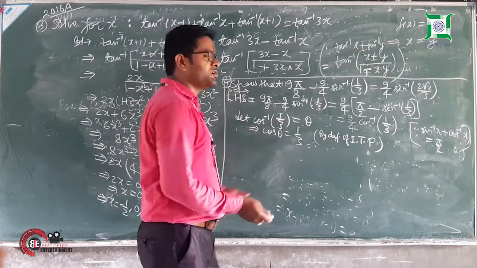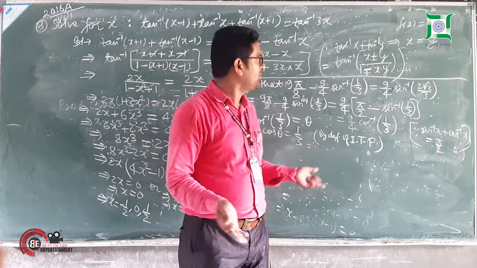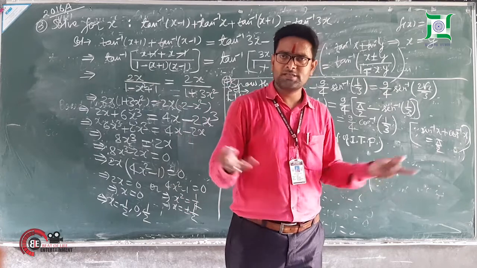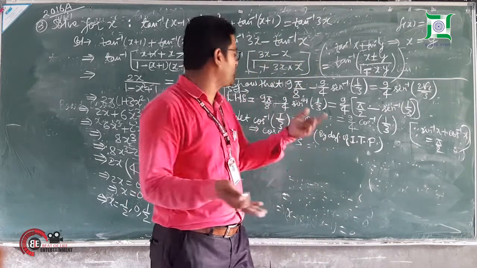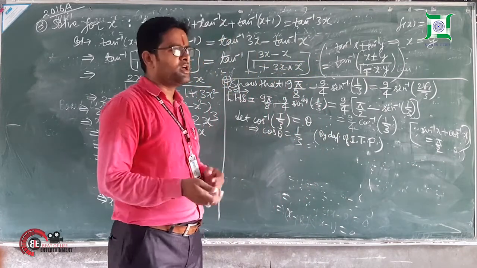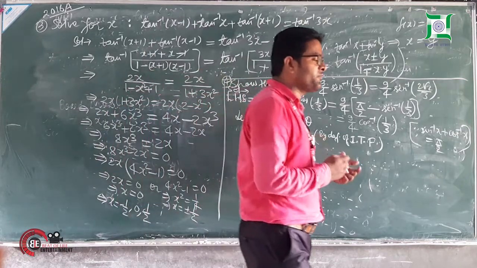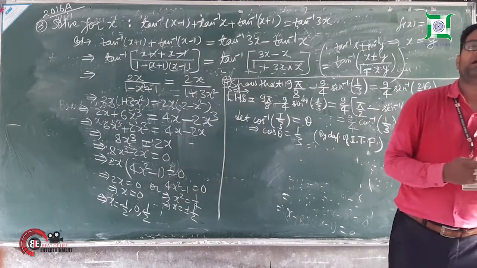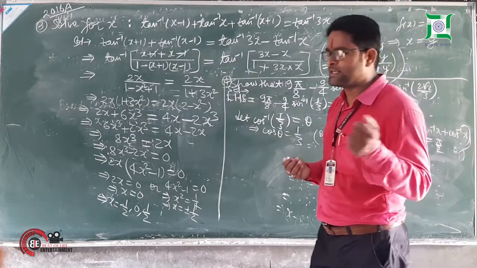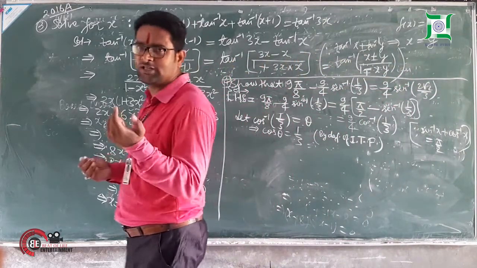Now can you convert this cos theta into sin theta? Because we need sin. It is very easy if you know the relation between the sine function of theta and the cosine function of theta, that is sin square theta plus cos square theta is equal to 1.